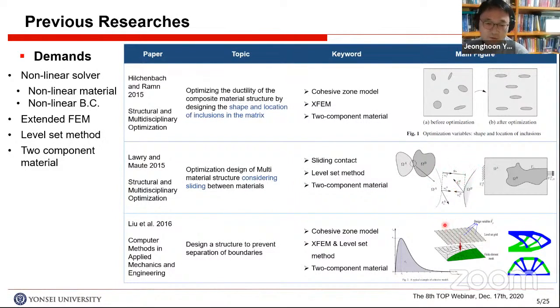The third one is very related to my research, but it uses the extended finite element method and the level set method, and it is restricted to 2-material designs. Also, it has to use 2 meshes, so it is a little bit complex. So the demands for this kind of research are that it would be better to use linear solvers, and we may have to increase the number of material phases.